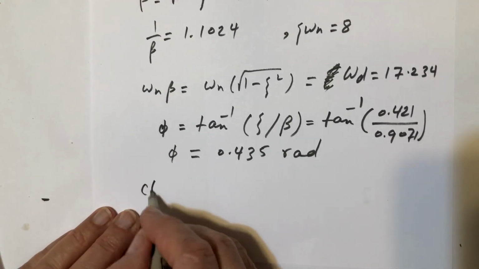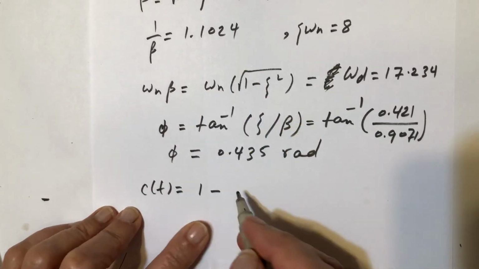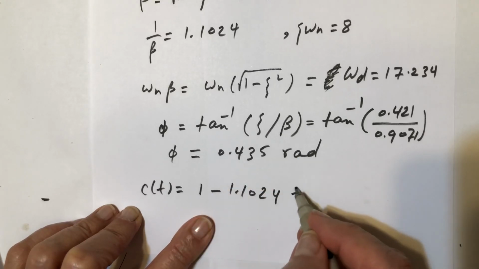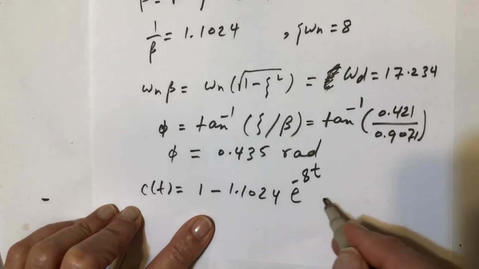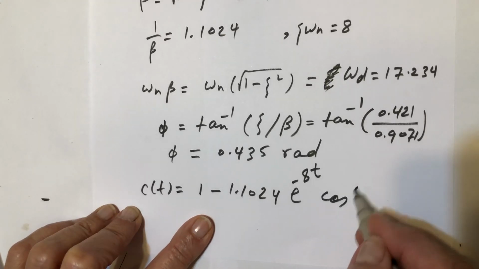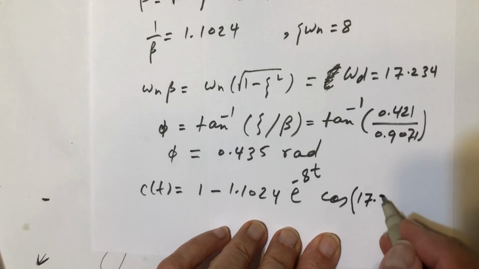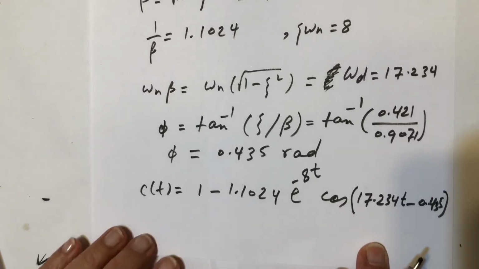Now I write the expression for the step response. C of t equals 1 minus 1.1024 e to the minus zeta omega n, which is 8, times t, cosine of omega d, which is 17.234 t, minus 0.435. Sorry, I came to the edge of the paper.